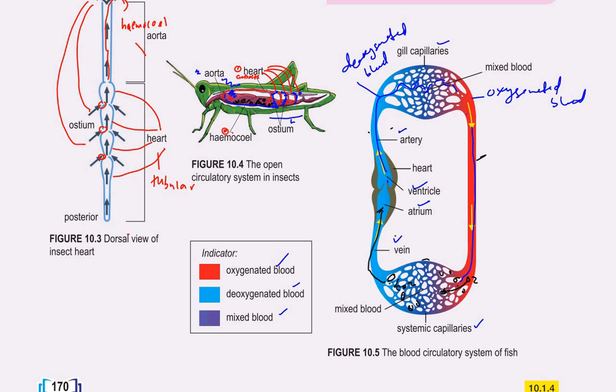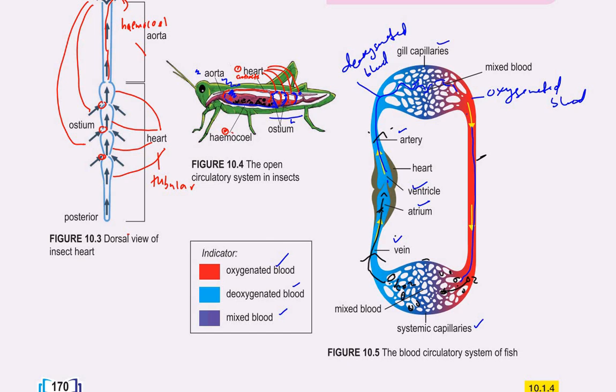The artery carries the blood away from the heart, to the gills capillaries. But the vein carries the blood back from the systemic capillaries, from the tissues, from the body, from the cell, to the heart through the atrium.